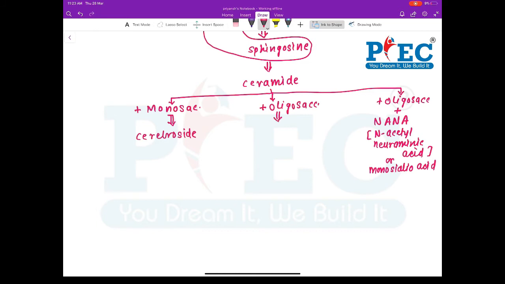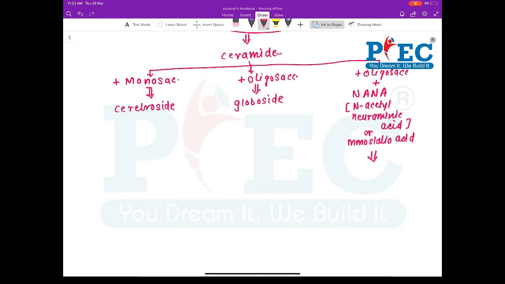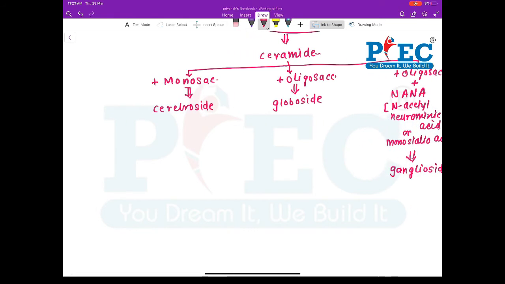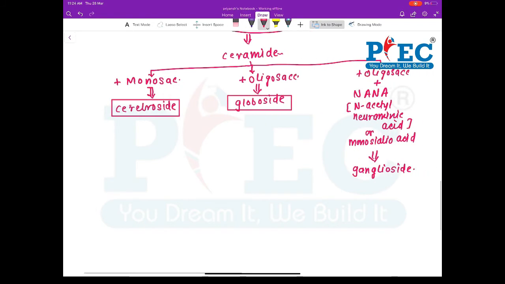If you add oligosaccharide on ceramide as your carbohydrate, it will be called globoside. And if we add oligosaccharide, NANA and ceramide, it will be called ganglioside. So these are the three main categories of glycolipid.